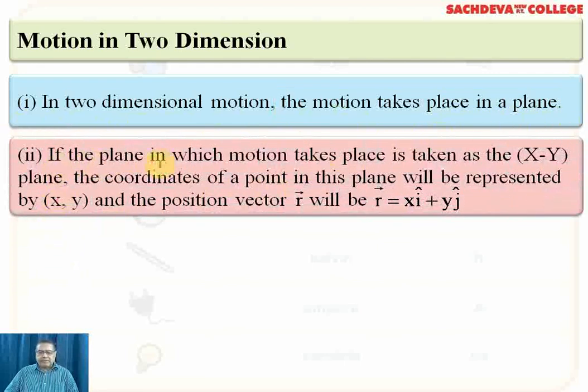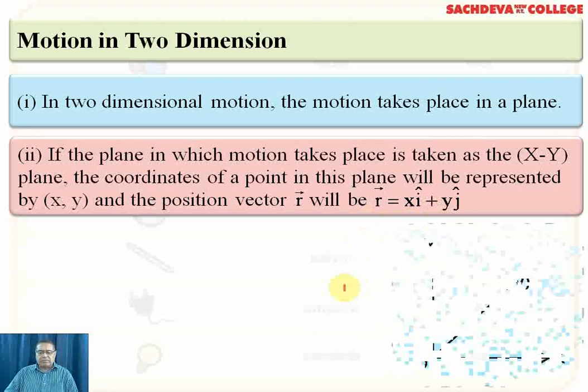If the plane in which motion takes place is taken as the xy plane, the coordinates of a point in this plane will be represented by x, y, and the position vector is indicated by r = xi + yj, where r is the position vector, and i and j are the unit vectors along the x-axis and y-axis.